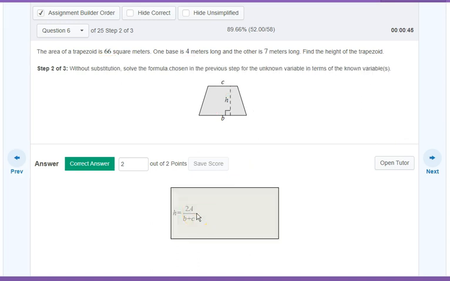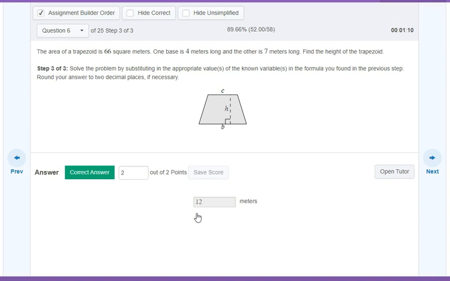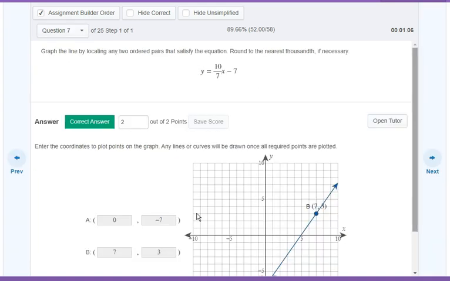Now again, there's the formula that they're looking for here: h equals 2a over b plus c. And then you are to substitute and find the height, which is what we showed on the previous slide, and that is 12. Okay, let's move on. Now that question had multiple parts.